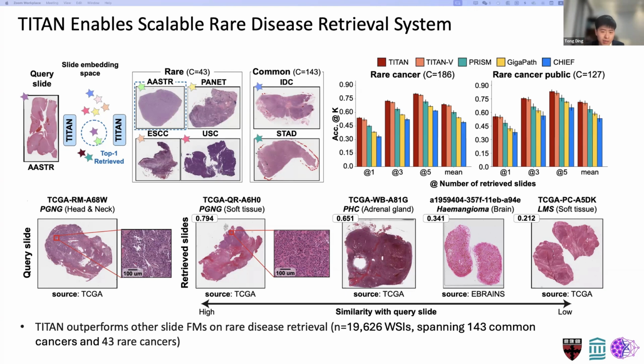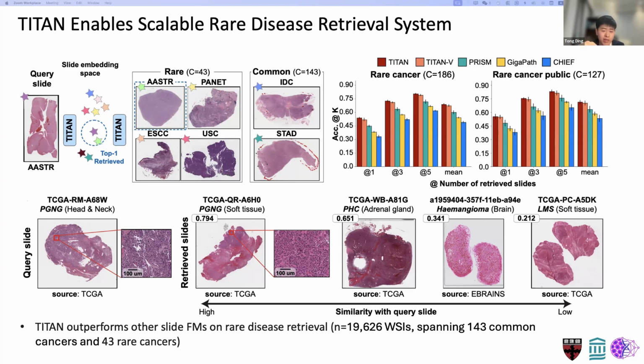And further, we propose a rare cancer dataset that has 5,000 more slides from our internal source, making it a large dataset of 19,000 slides spanning 143 common cancers and 43 rare cancers.